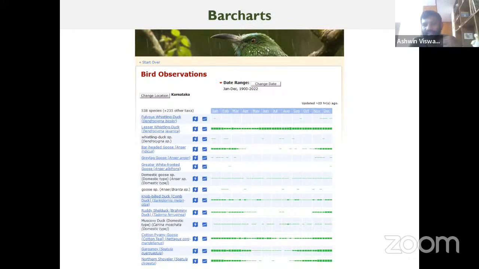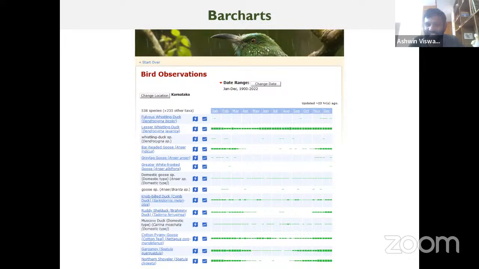In some places the bar is very thin. That means just one or two observations. It's not really when the species is there in good numbers. But what this tells you is that sometime in early November, bar-headed goose becomes regular in Karnataka. That's when it arrives. And then sometime in late March is when it leaves. So it actually arrives quite late and it leaves quite early.